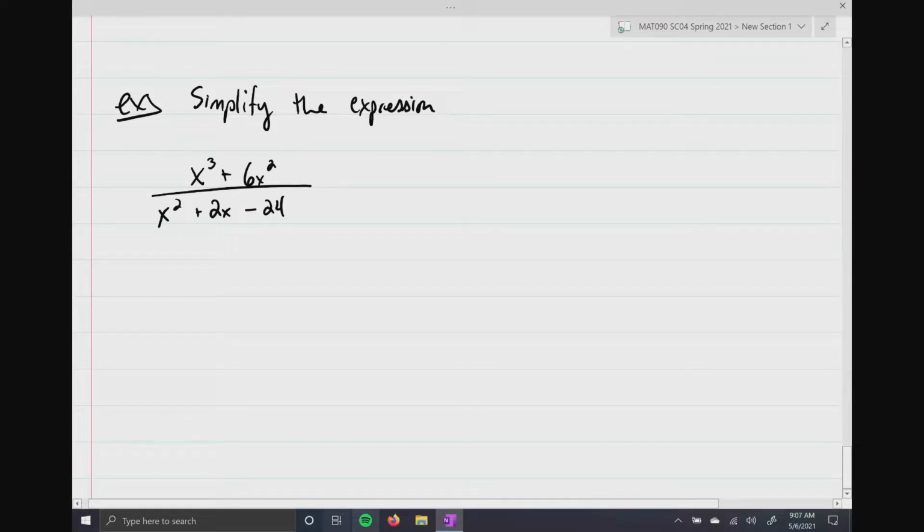You are very welcome. All right, now, first things first. What type of expression is that? Well, if you look at it, you have a polynomial in the numerator, polynomial in the denominator.